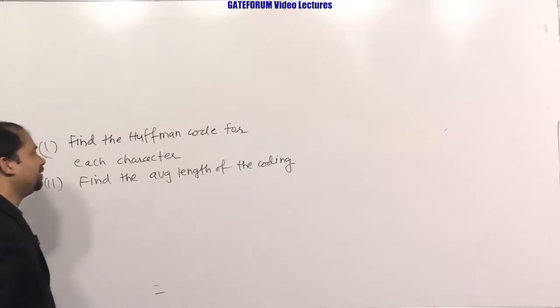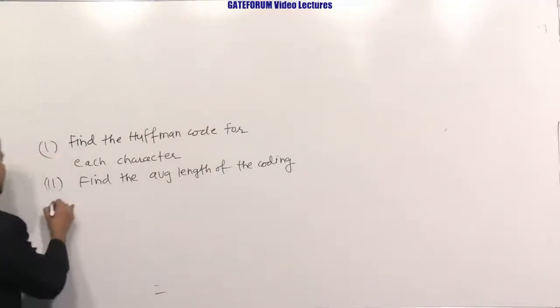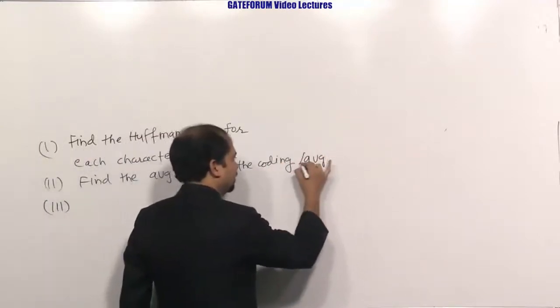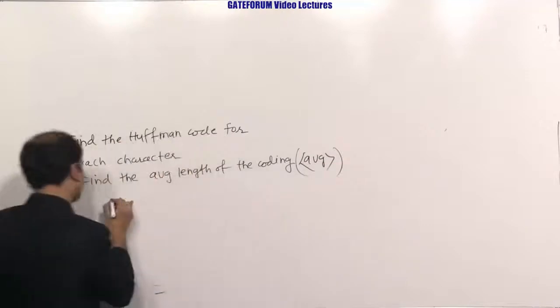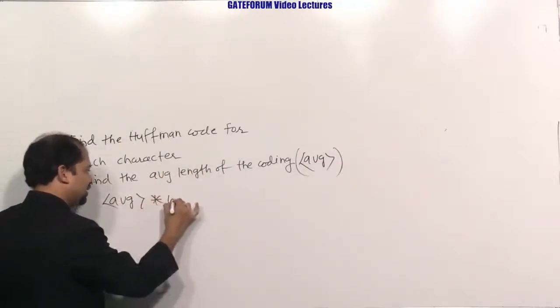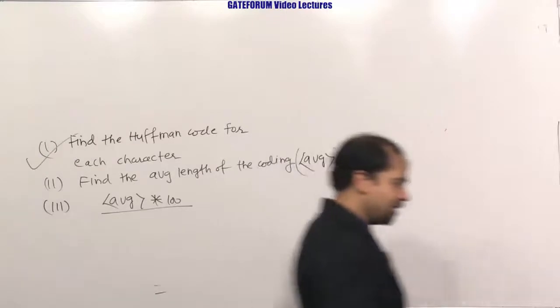Now when you have the average length of the coding, your answer will be this average length times 100. This is the required thing we have to do. But the main thing is how to find the Huffman coding.